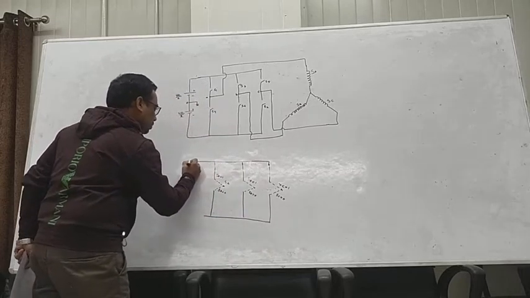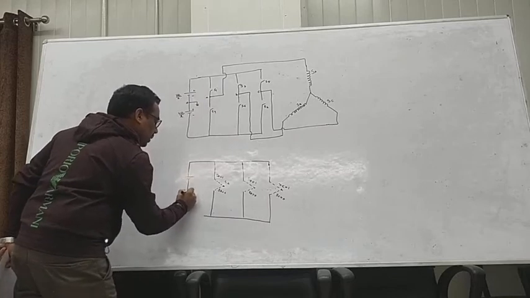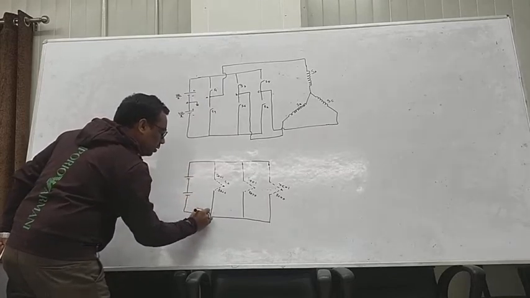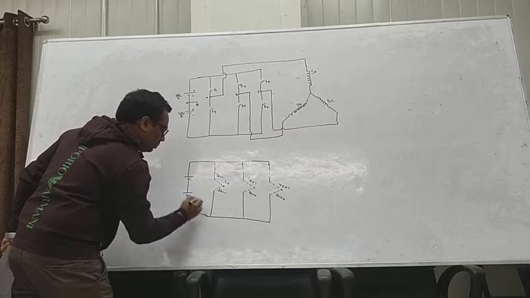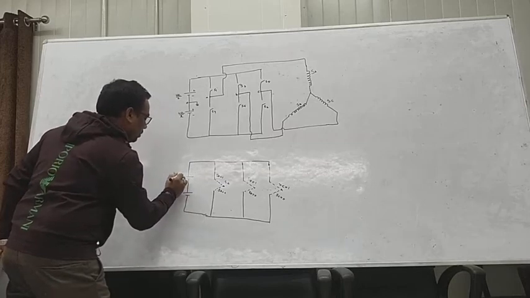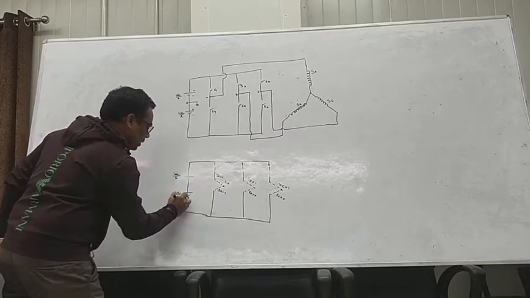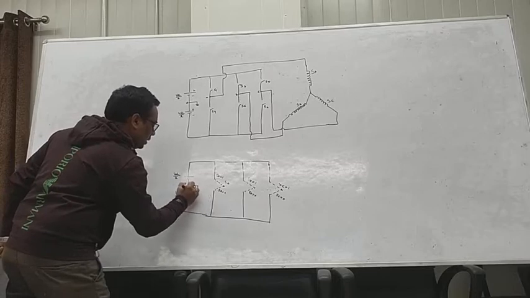Same DC voltage, VDC by 2 and VDC by 2, and this is ground.